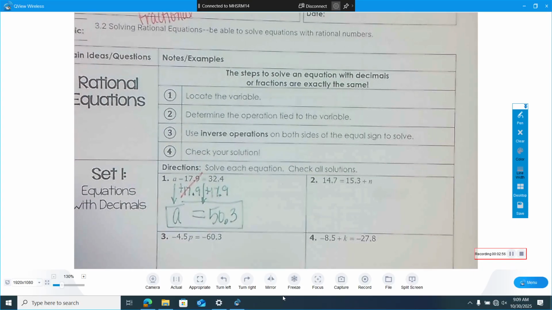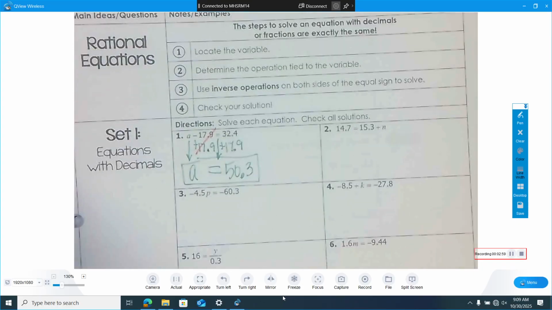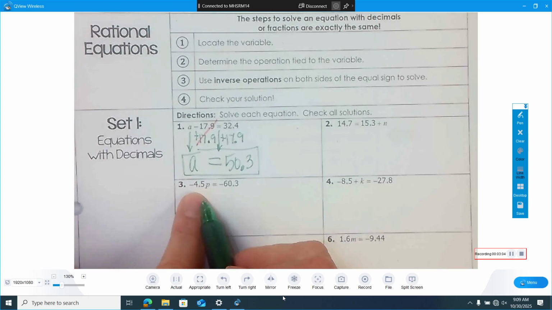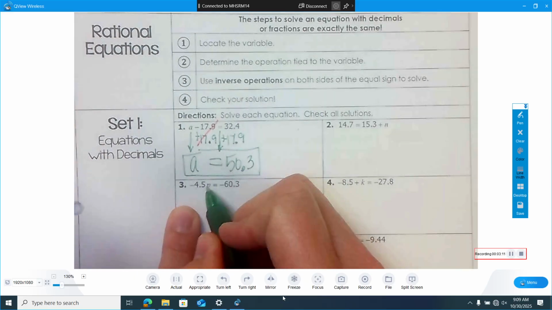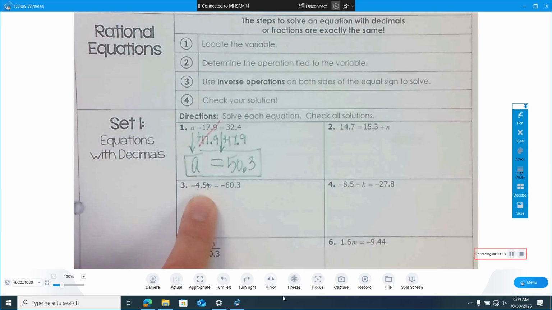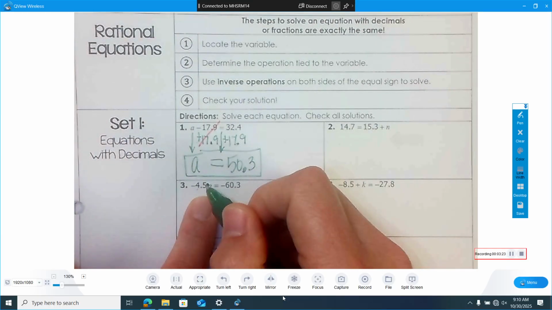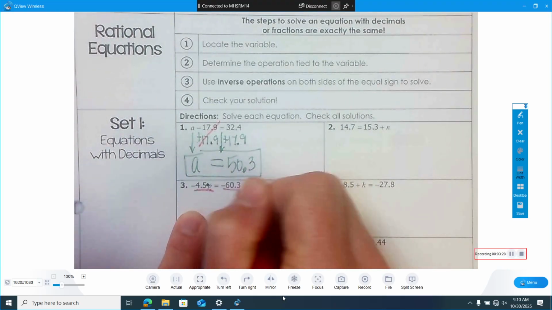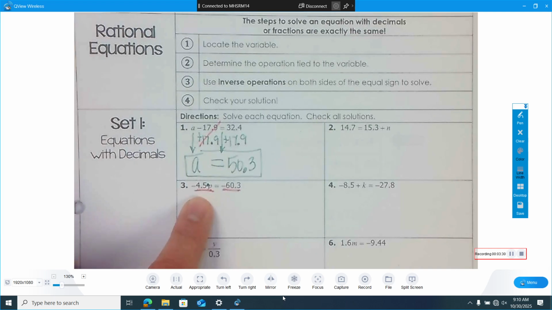Let's do number 3. Read this out loud to me, will you? Negative 4.5 times P. I love that you included the operation there. How are we going to get P by itself? Divide. To break the multiplication, we have to divide both sides. What number are we trying to get rid of?